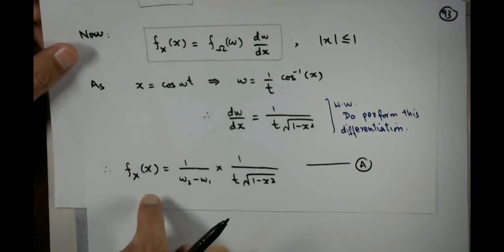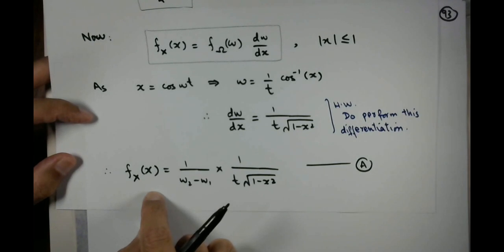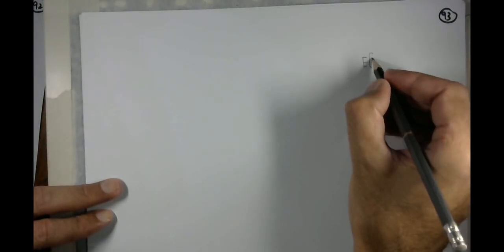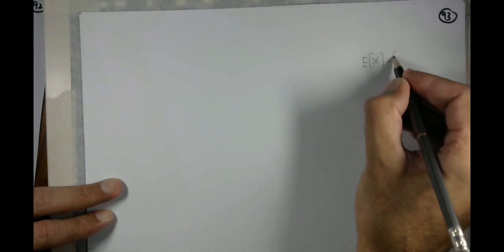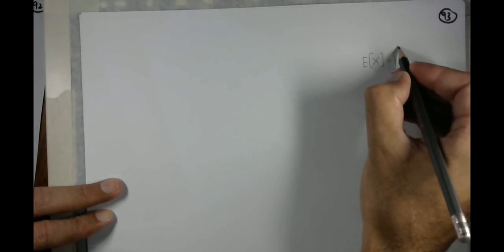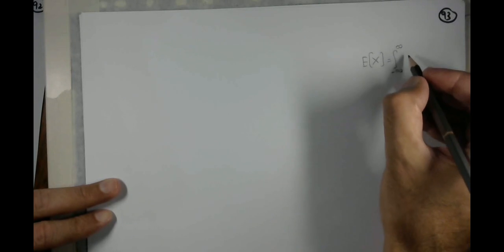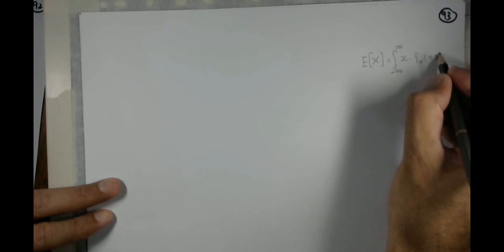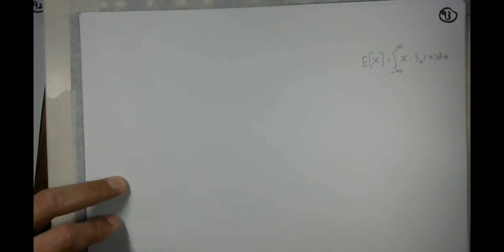We can use this equation to find the expectation of x. You know that the expectation of any random variable x is the integral, in the applied limit, of x times f sub x of x dx.